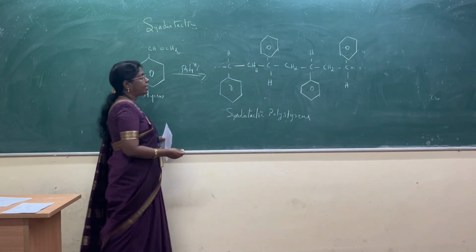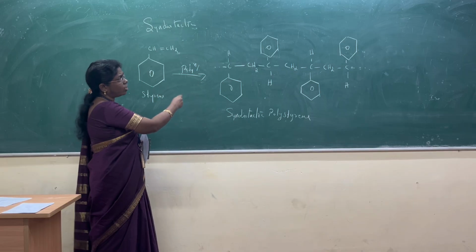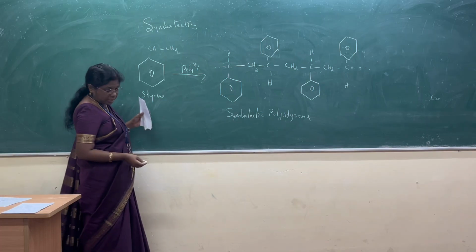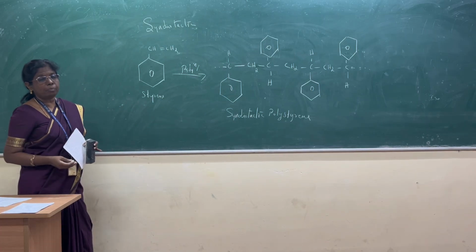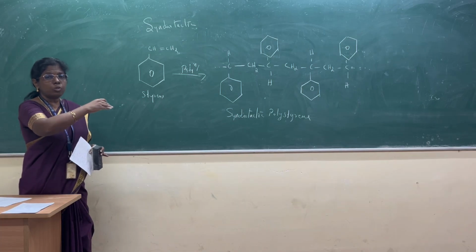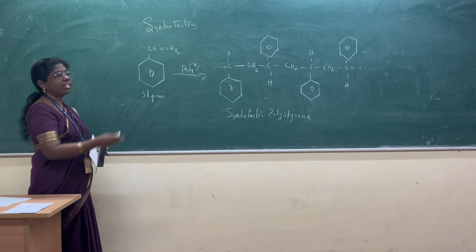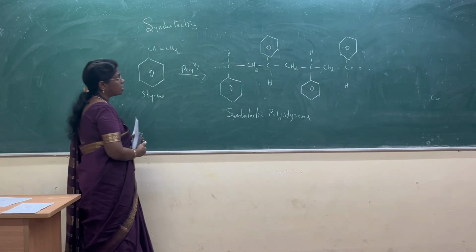So what is syndiotactic polystyrene? The functional groups are arranged on alternating sides. Previously we studied isotactic polystyrene, where the functional groups are arranged on the same side. Here for syndiotactic, the functional groups are arranged on alternating sides.